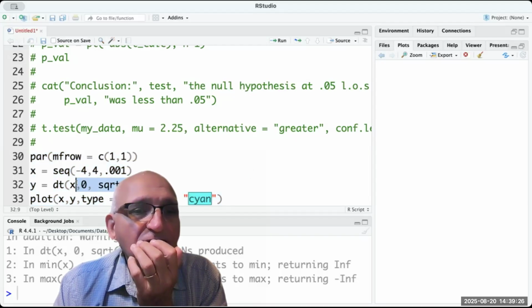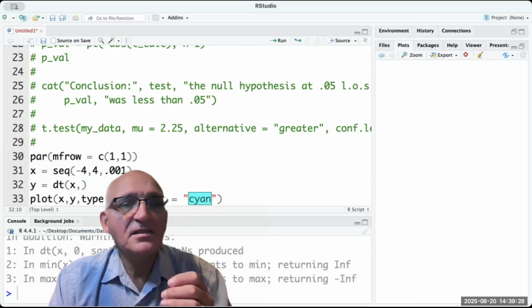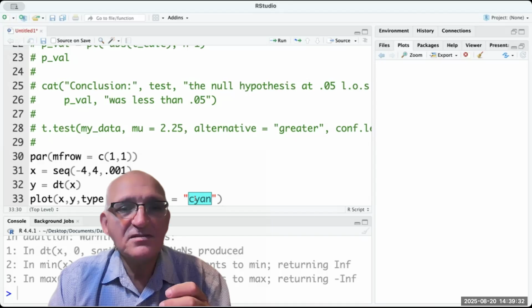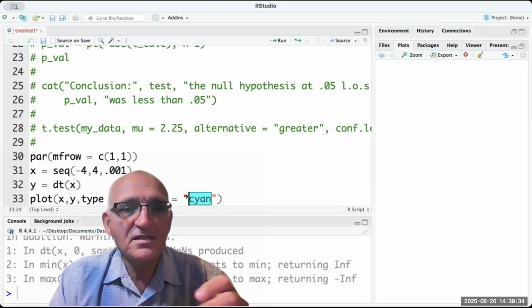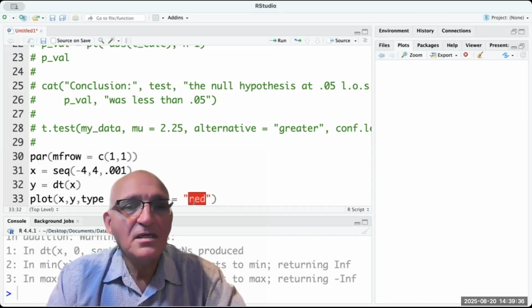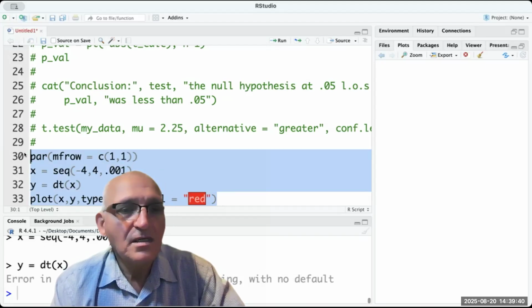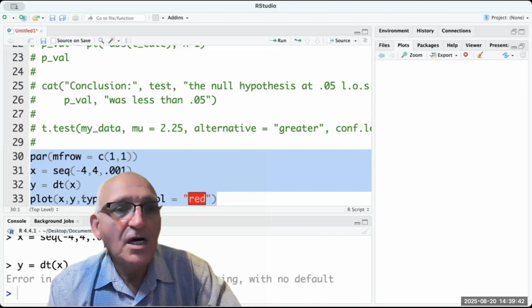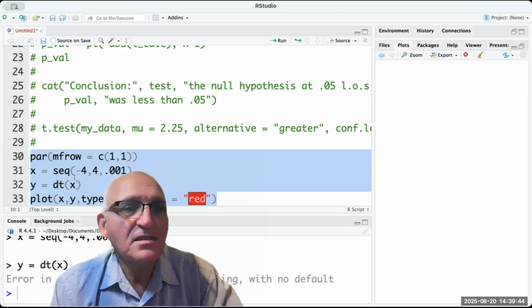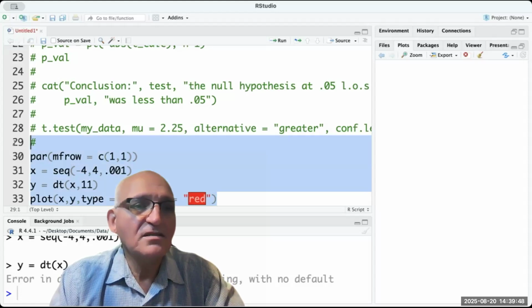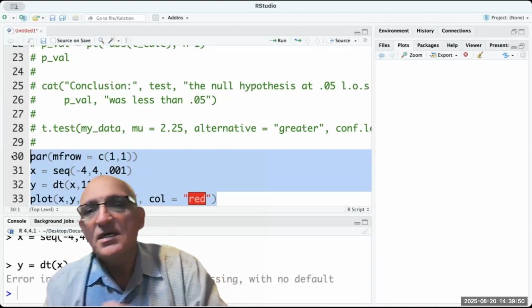So what if I do just that? Will it show? And let's make this red. It would be clearer, I think. df is missing. Okay. It was 11 degrees of freedom. Okay. So that's why. Yeah.